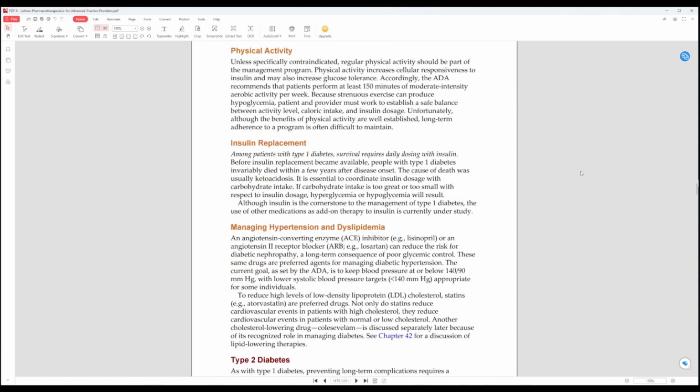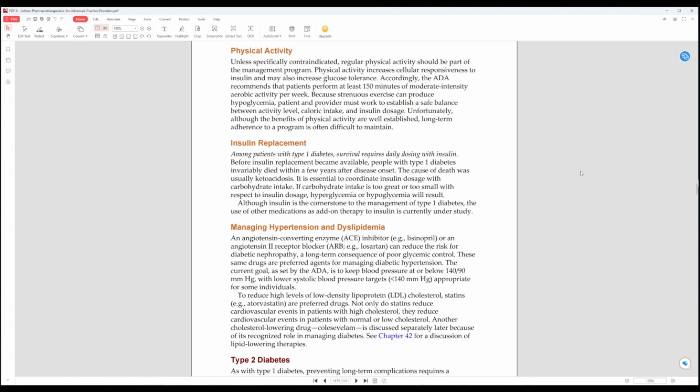Physical activity. Unless specifically contraindicated, regular physical activity should be part of the management program. Physical activity increases cellular responsiveness to insulin and may also increase glucose tolerance. Accordingly, the ADA recommends that patients perform at least 150 minutes of moderate intensity aerobic activity per week.